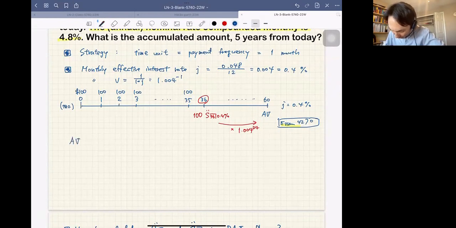So accumulated value is equal to 100 times S double dot 36 at 0.4% times 1.004 to the power 24.